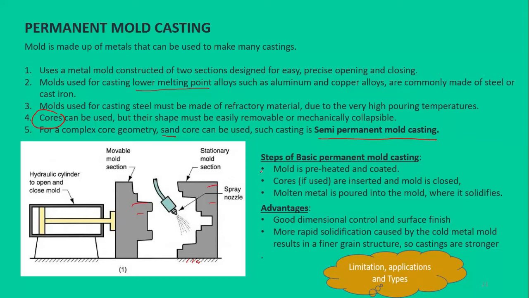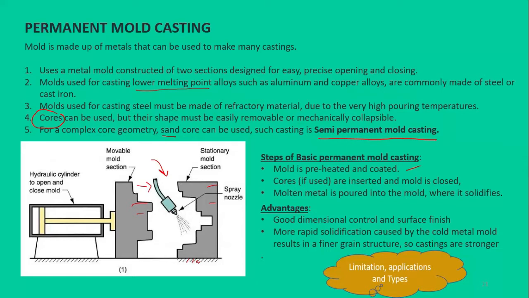So the steps are: we initially preheat the mold and coat it with some coatings. Then cores, if they are required, are inserted and the mold is closed. Once it is closed, we pour the molten material into the mold cavity until it completely fills the mold cavity.